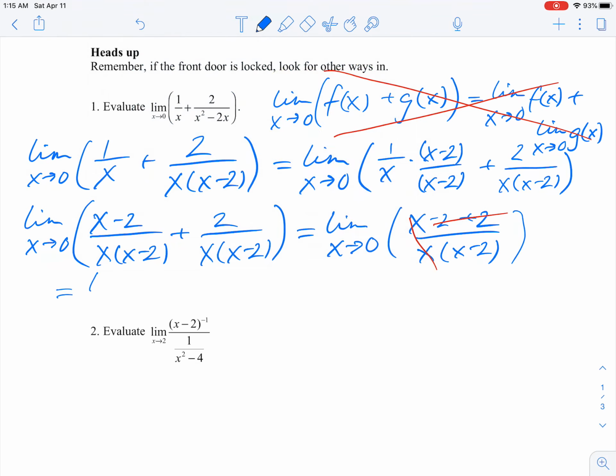So when the dust settles, we are looking at the limit as x goes to 0 of 1 over x minus 2. And that, my friends, can be evaluated. That one's just negative 1/2.